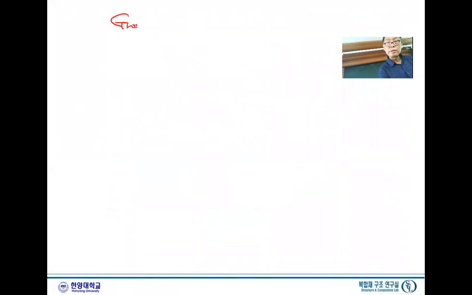Task 4. This is about a torsion shaft in series.